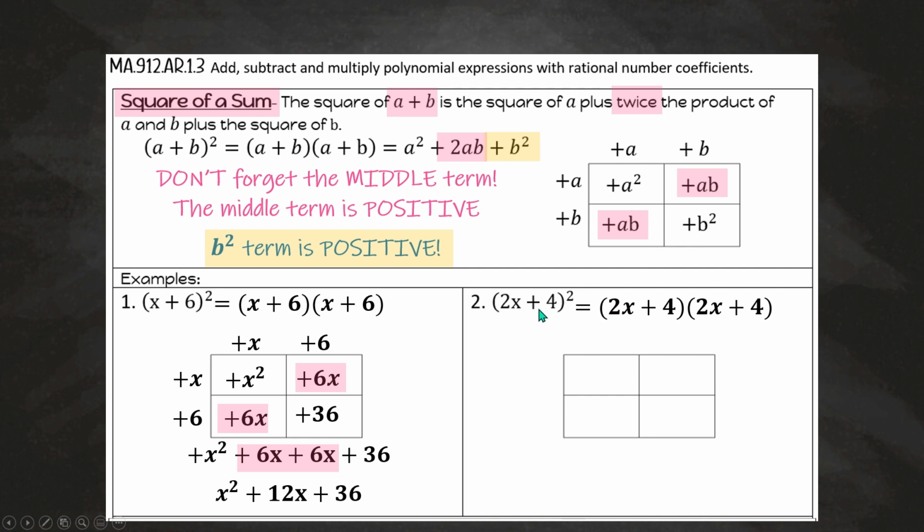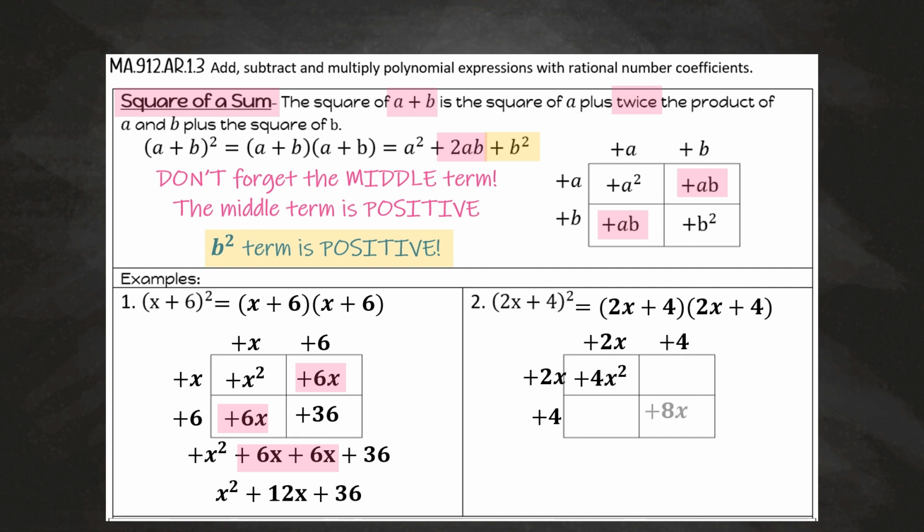So here we have 2x plus 4 squared. What we're going to do is set it up using our area model. We are not going to try to just distribute that square, because it doesn't work mathematically. Because remember, when we follow our order of operations, we have to simplify the parentheses first. Well, we can't simplify these parentheses, so that means we have to multiply all the terms.